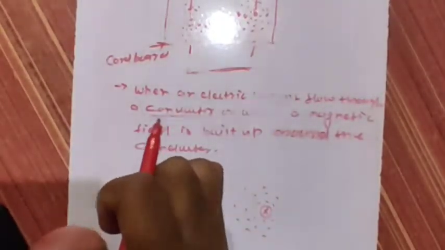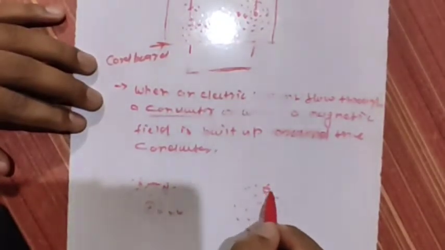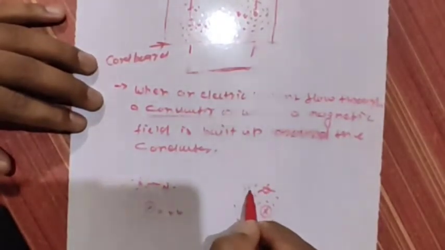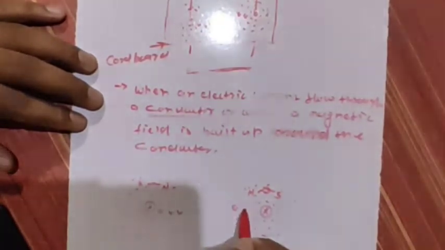That time the current is flowing toward the observer. Suppose this is the conductor, and current is flowing toward the observer. And suppose a compass needle is taken here and the north direction is here, so the magnetic field direction is here. That time the current is flowing toward the observer, that is downwards.